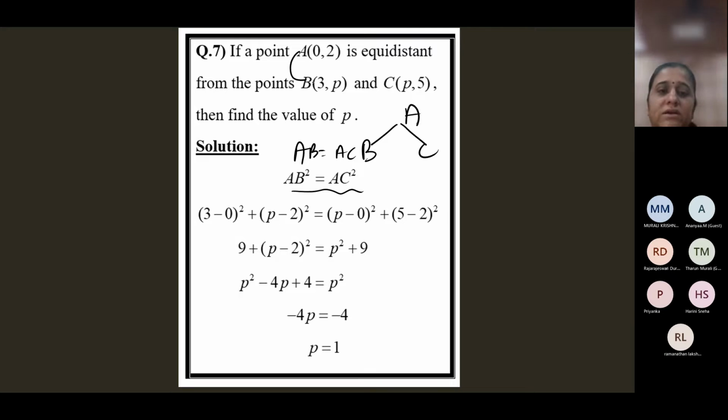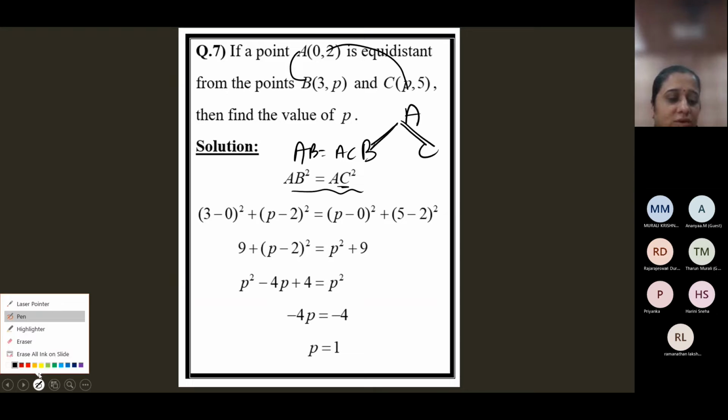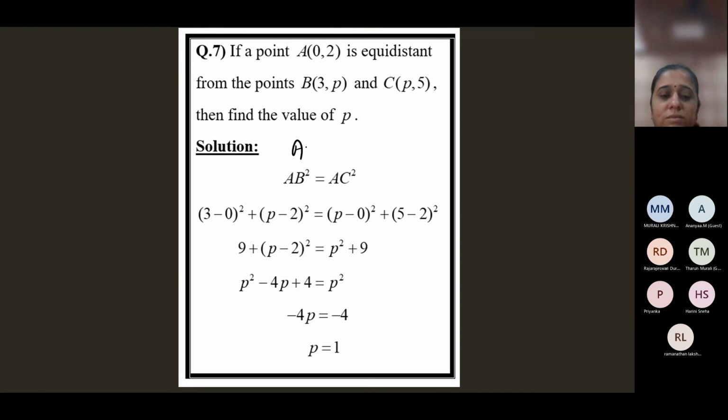Using the points A and B. And how do you write AC square? Using the points A and C. You know, difference between the x coordinates whole square plus difference between the y coordinates whole square. You can subtract in any order. So the condition is AB is equal to AC. On squaring, you get AB square is equal to AC square. So use the distance formula.